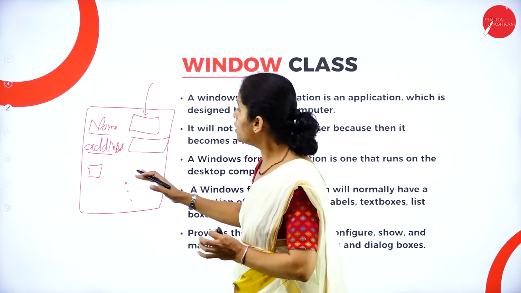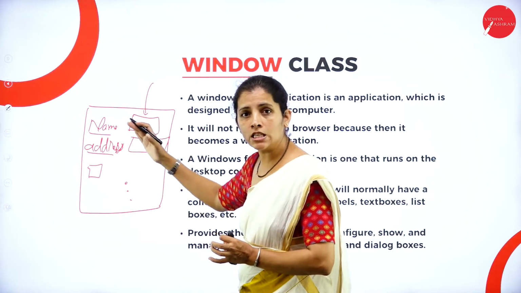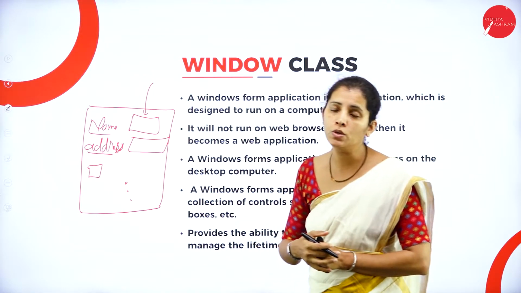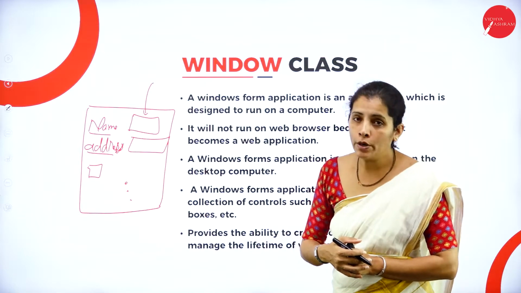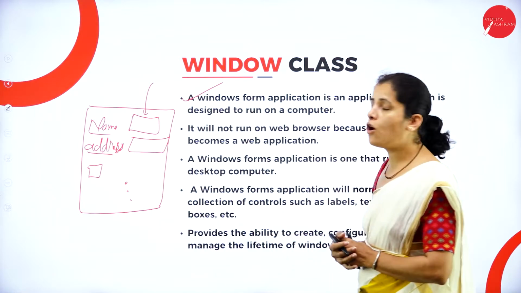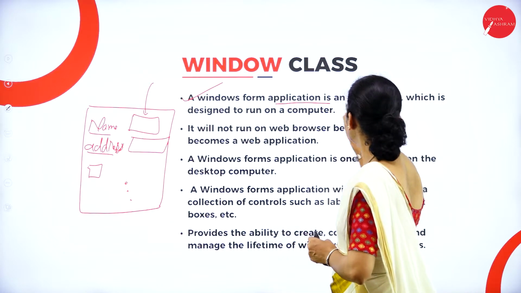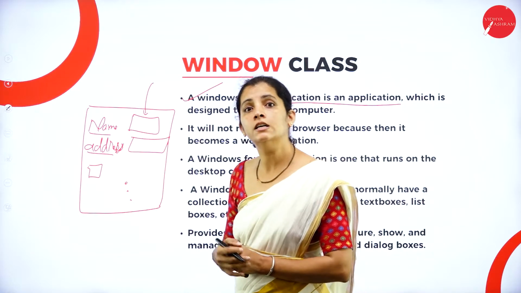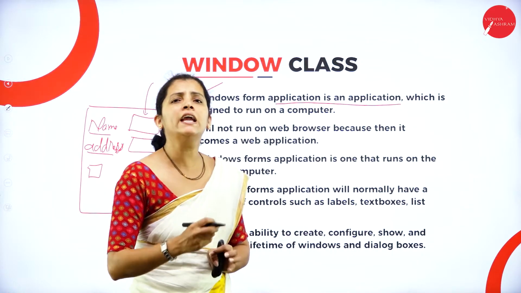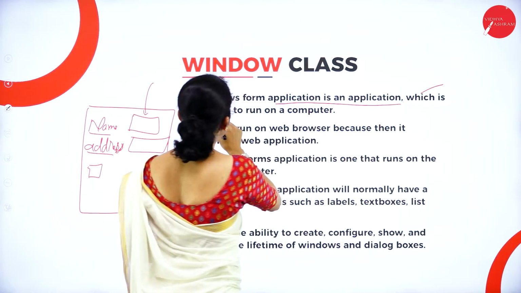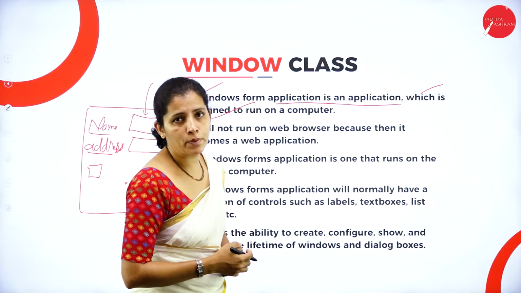Now, if I want to develop these kinds of electronic forms, then I'm going to use a C# Windows form application. Now, a Windows form application is an application. So, a Windows form application is also an example of an application form which is designed to run on a computer.